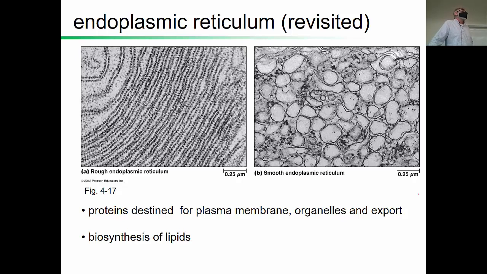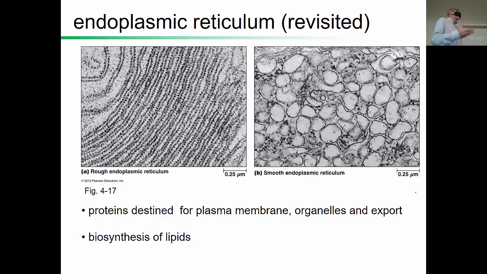In cells that specialize in secreting proteins, I think we looked at the example of a pancreatic cell a couple weeks ago, a very high percentage of their membrane is devoted to endoplasmic reticulum, because the ER is very important for the production and processing of secreted proteins.